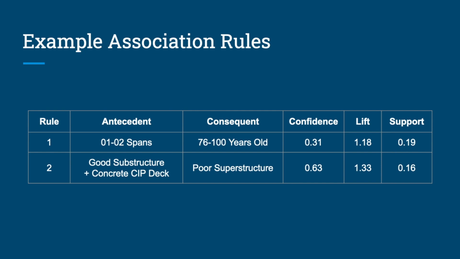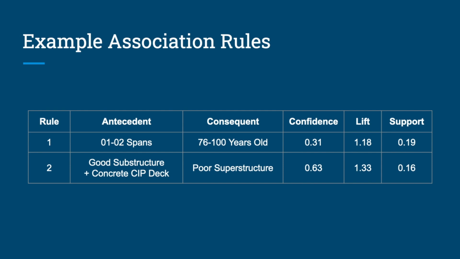In the second rule, similar, of bridges that have a good substructure and a cast-in-place concrete deck, 63% of those bridges have a substructure that is in poor condition. So that's what the confidence is telling us. We're not going to get into lift right now, but support is another interesting one.